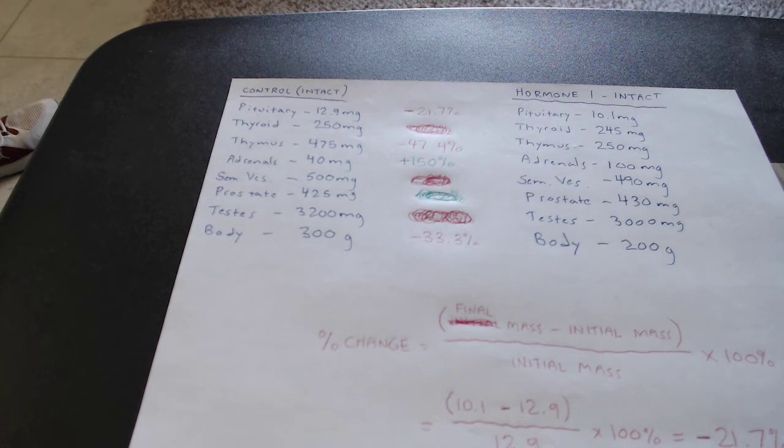For example, cortisol and thyroid hormone are going to have catabolic properties in which they break down stored up sugars, break down stored up fats. So if you have a lot of thyroid hormone or a lot of cortisol, you might expect to see a reduction in body mass. On the other hand, testosterone has an overall effect of making you gain muscle mass. So if you see a reduction in body mass, you know for sure you didn't inject testosterone, right?